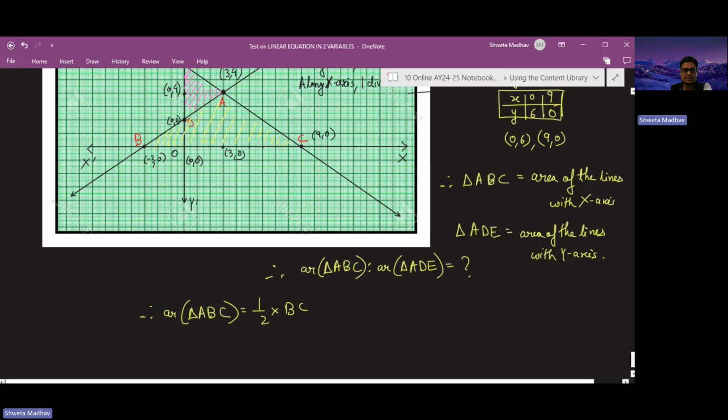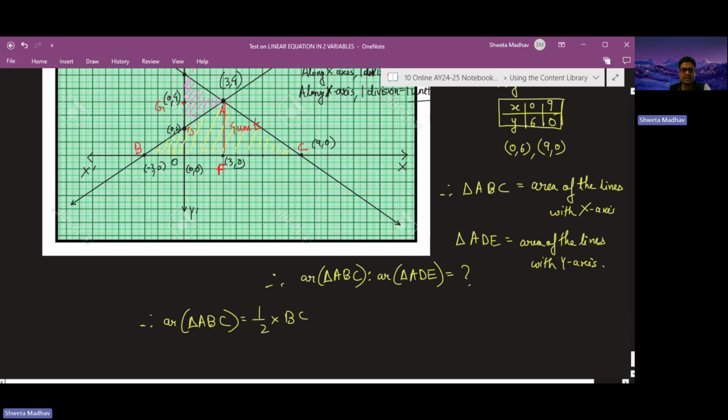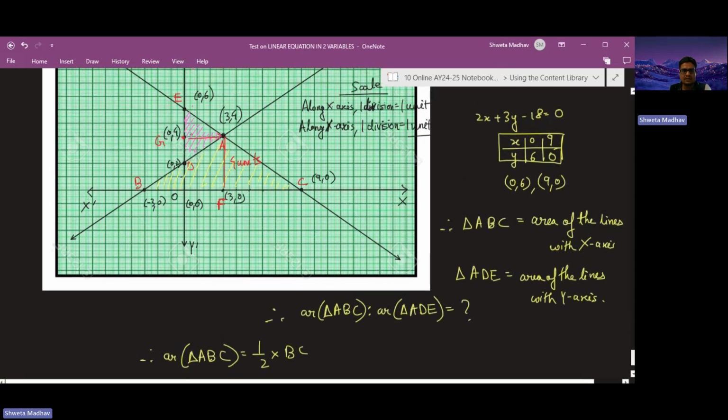Let's say we take this point F, and this point (0,4) is point G. Then this length AF is the height. This height is obviously 4 units. And the height of the triangle ADE, which is AG, is obviously 3 units.